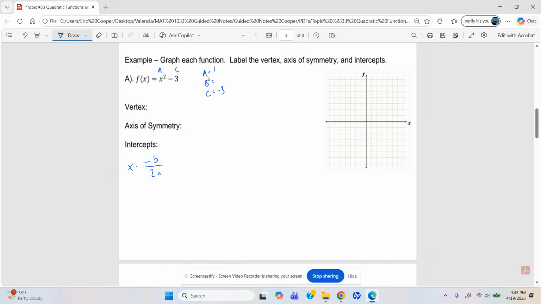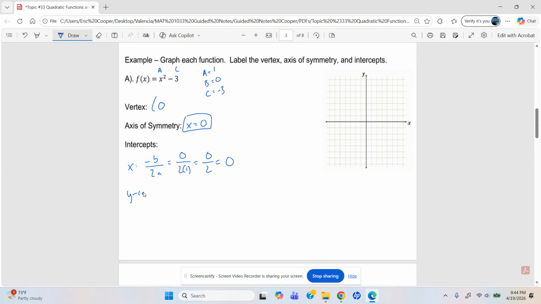I don't have a b term, so we have b equal to 0. So the opposite of 0 is simply 0. 2 times 1, well, this is 0 over 2, which is 0. So the x-coordinate for the vertex is 0. That also means the axis of symmetry is equal to 0. We always set it up like an equation, so we say x equals 0 for the axis of symmetry.